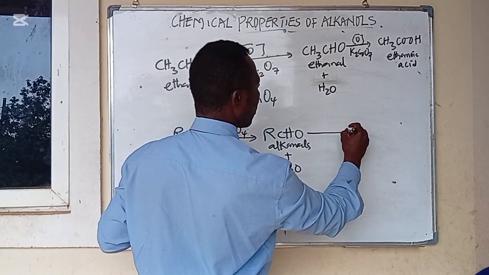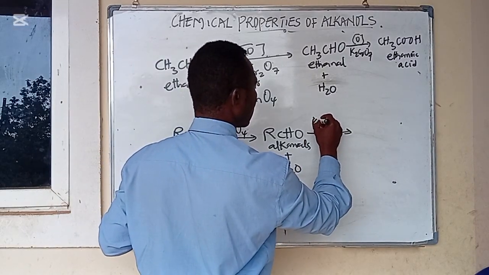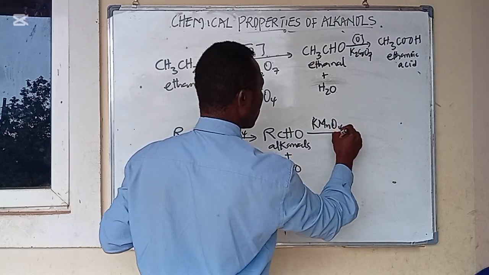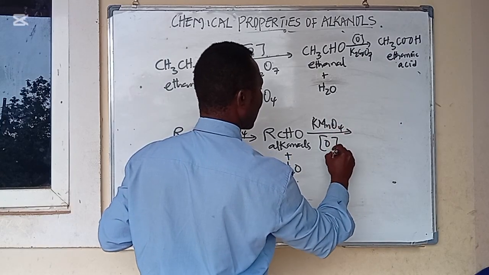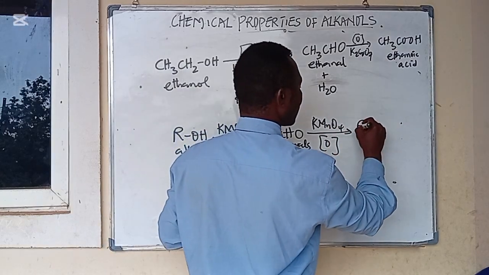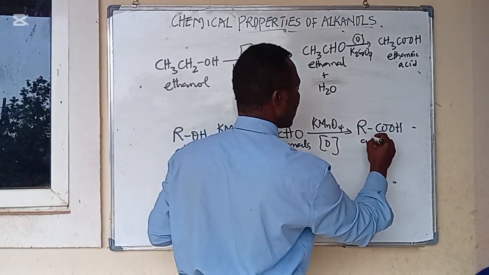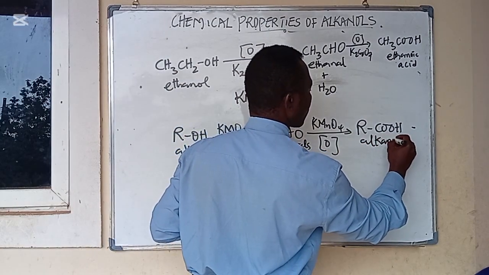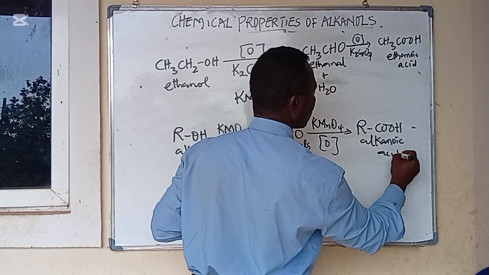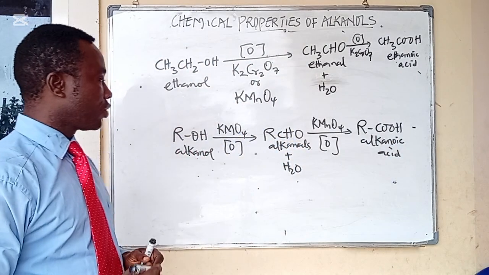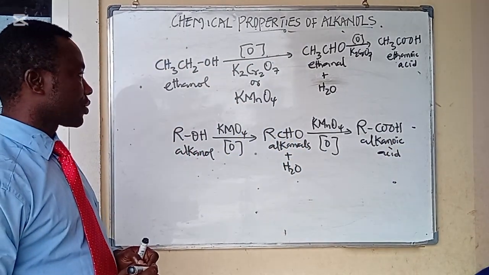Then when you further oxidize the alkanal, you get alkanoic acid, which is RCOOH.